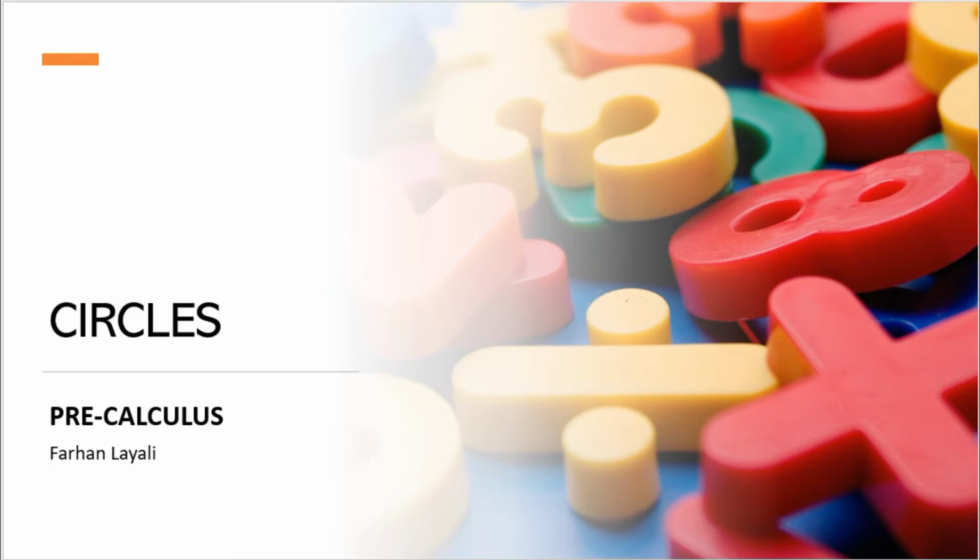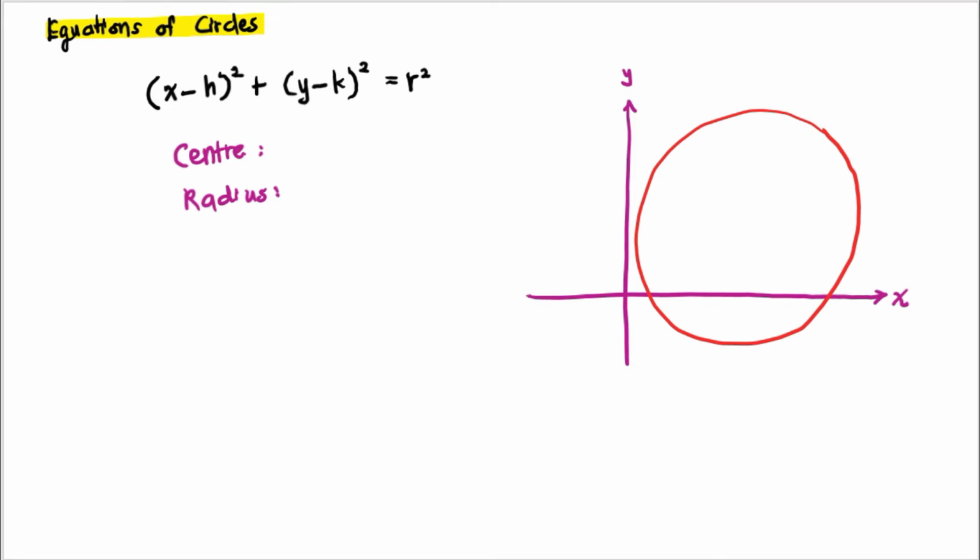So first, let's look at the equation for circles. Suppose we have the center of the circle, given by the coordinate (h, k), and its radius is r. The distance from the center to the circle itself is represented by the radius r.